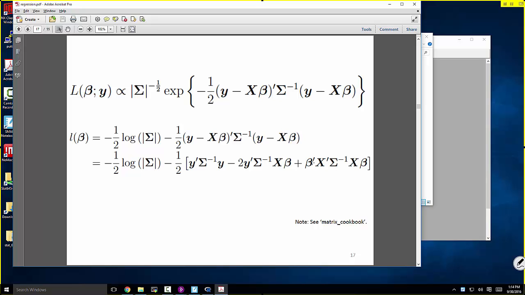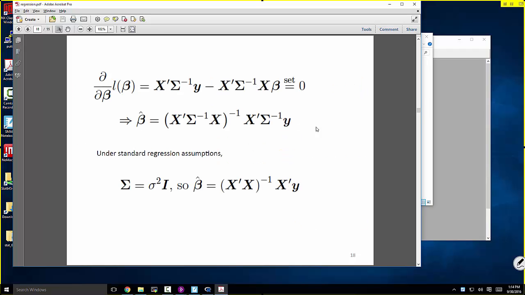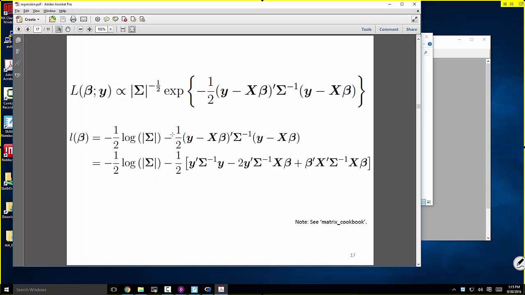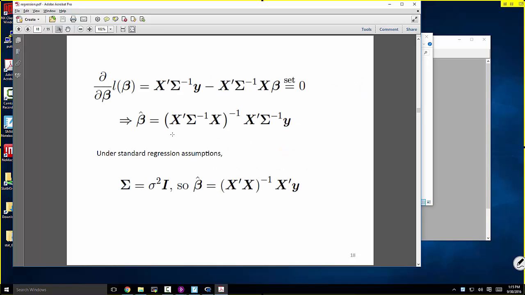There's beta transpose and beta, so when we differentiate this, we get something like 2 times a constant times beta. I won't go through all the calculations, but if you do them, it's not actually hard. You differentiate like I was just saying, then set it equal to 0.